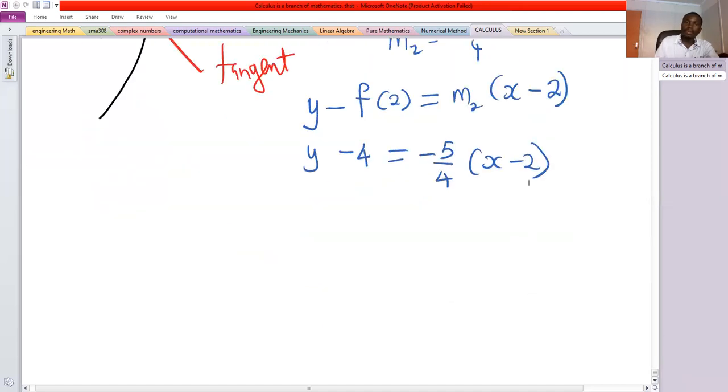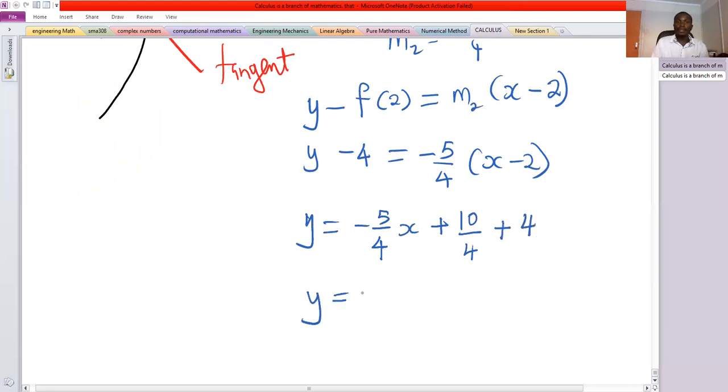So y equals -5 over 4 x plus 10 over 4 plus 4. 10 divided by 4 plus 4 gives 13 over 2.